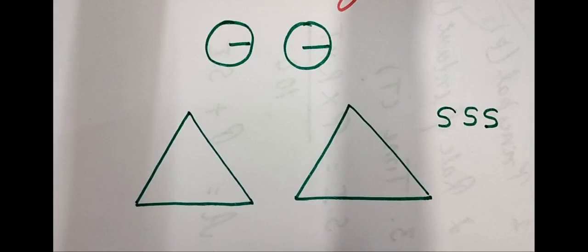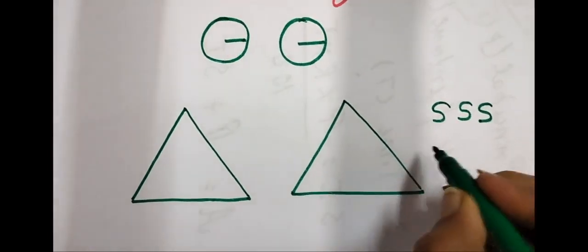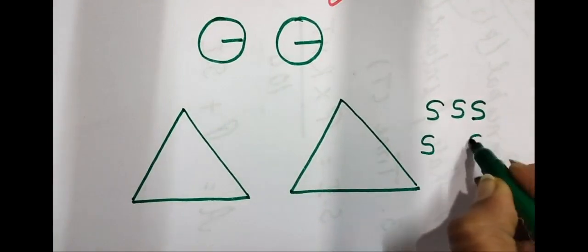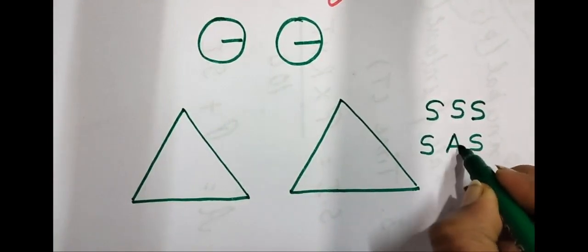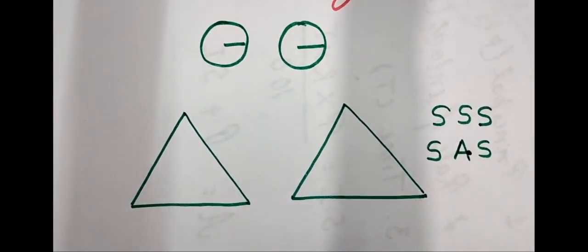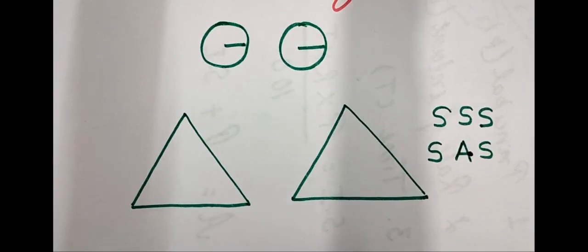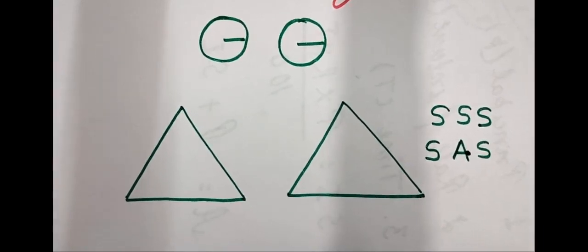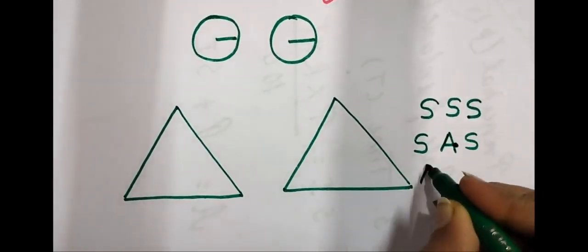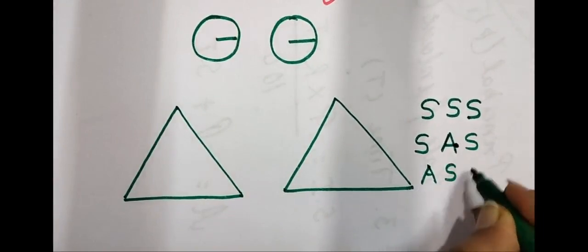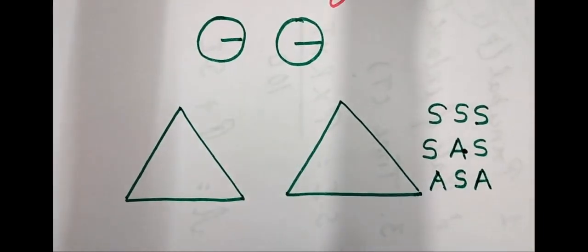If the measures of two corresponding sides and the included angle are equal, that means two sides and the included angle, then we can say that the triangles are congruent. The third condition is if there are two corresponding angles and the included side, angle, side, angle, then we can say that the triangles are congruent.